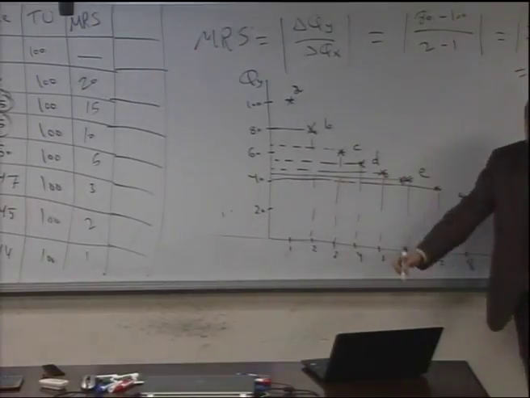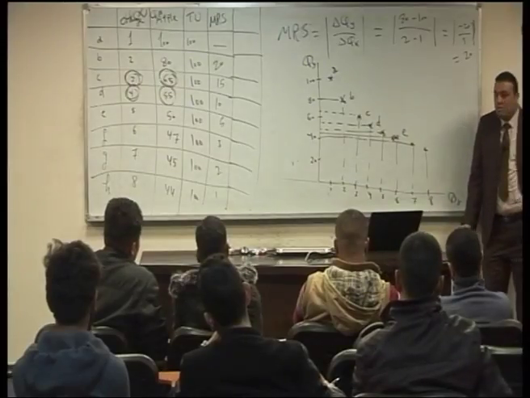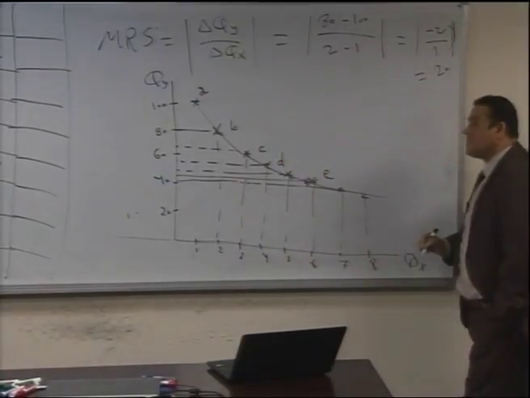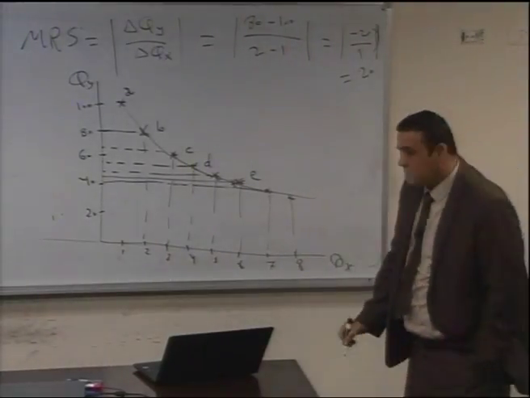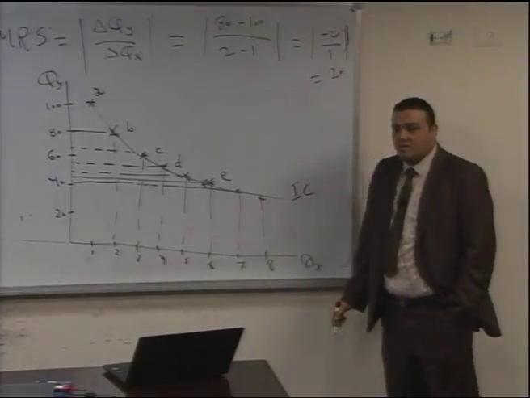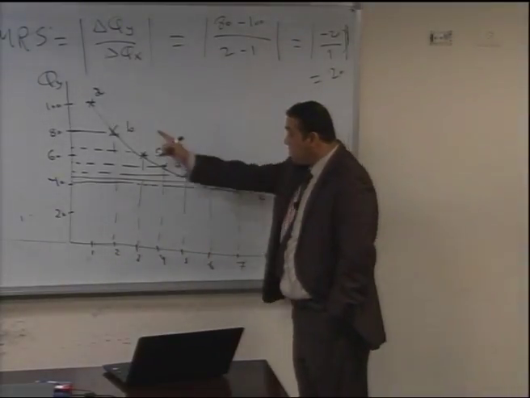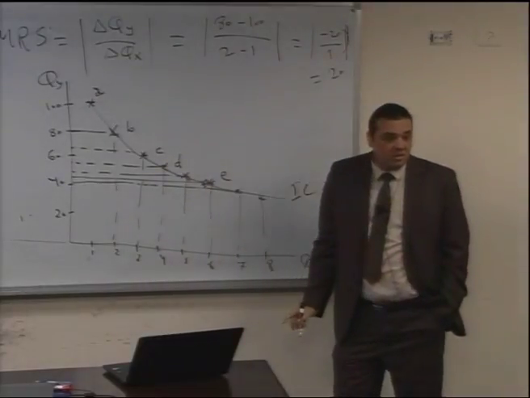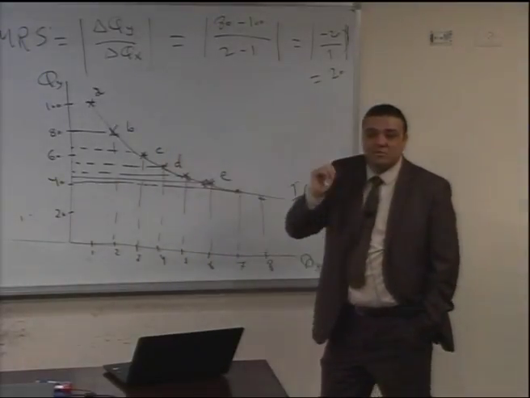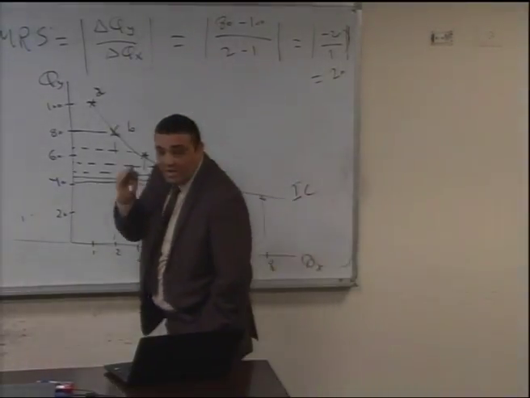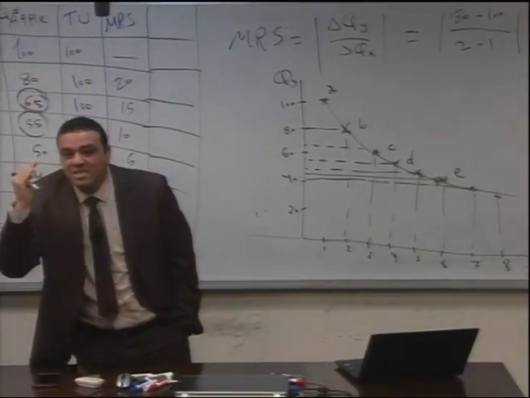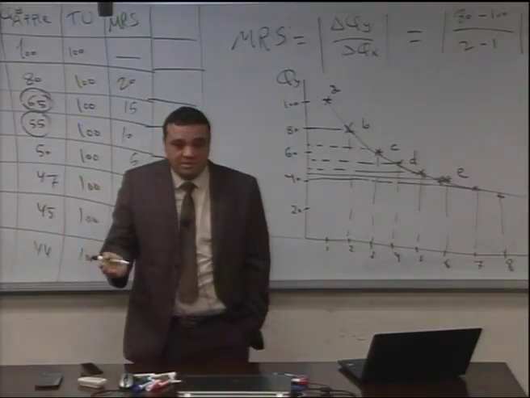Let's connect these points together. This is the indifference curve. So the indifference curve represents the different combinations, the different groups of two goods, X and Y, that give the consumer the same total satisfaction, the same total benefits, the same total utility.